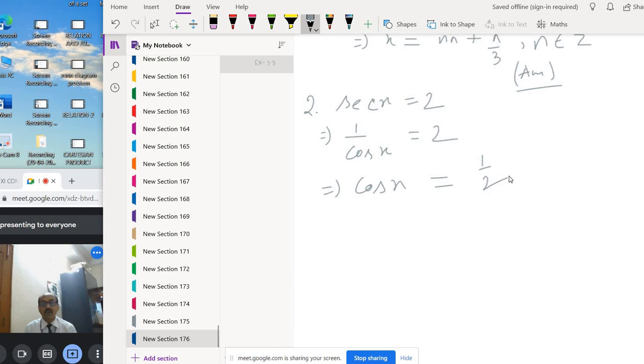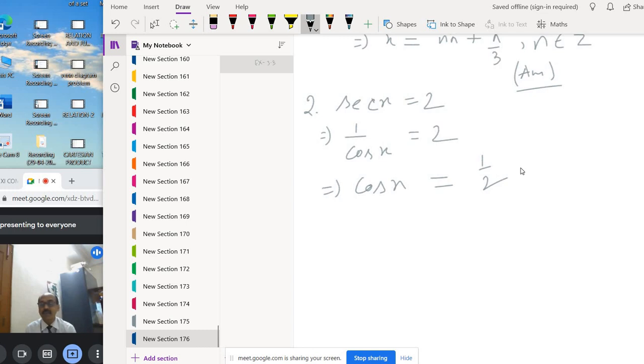So 1 by 2, we know, means cos 60 degree. Cos 60 is half. So equal to cos 60. And another value, where is cos positive? First and fourth quadrant.